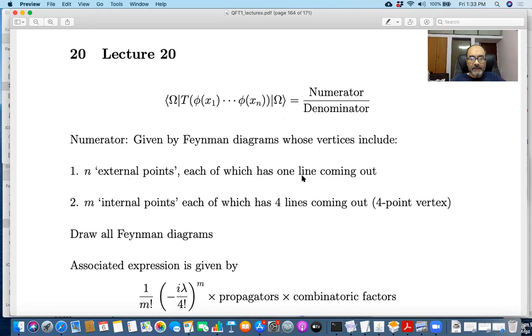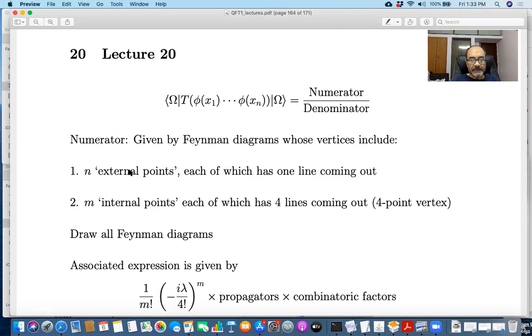Each of these points has one line coming out, because this is phi of x1, phi of x2, and so on. And then m internal points, and each of these internal points has 4 lines coming out. And this number 4 is associated with the fact that you have a phi to the 4 interaction. If you had a phi cube interaction, then each internal point would have 3 lines coming out.